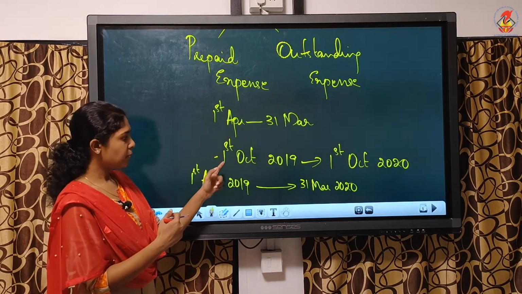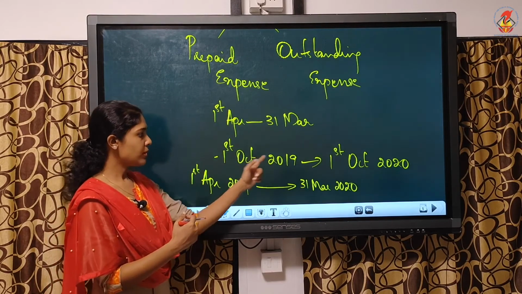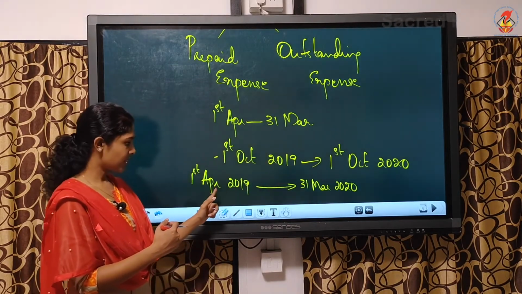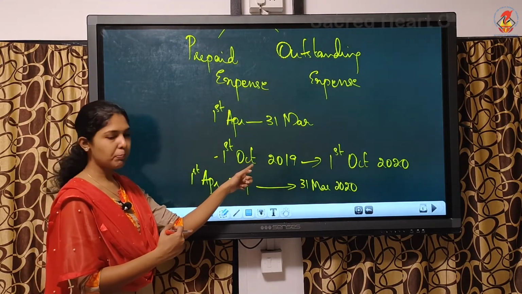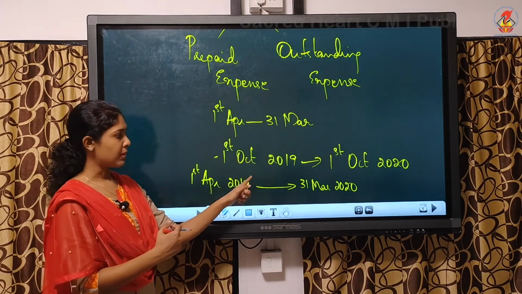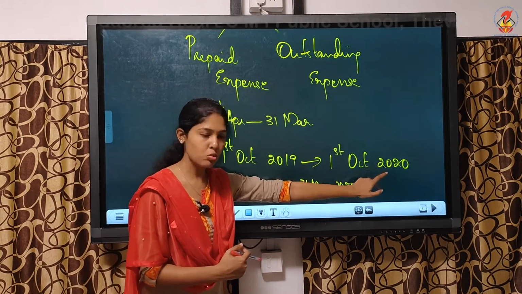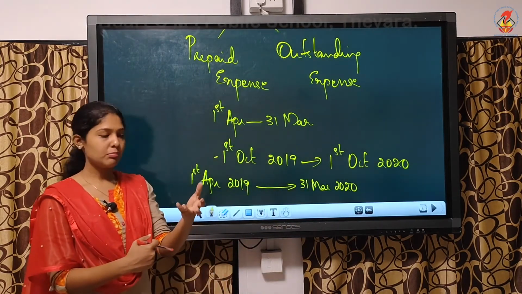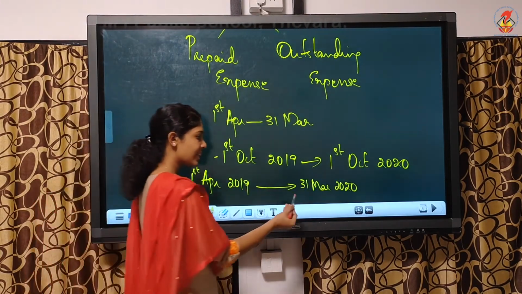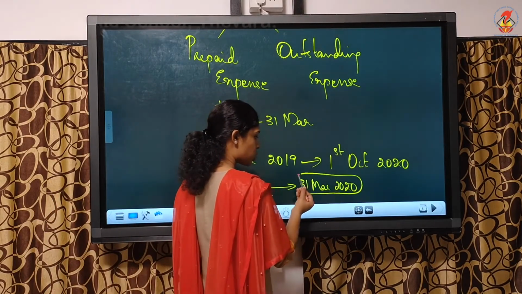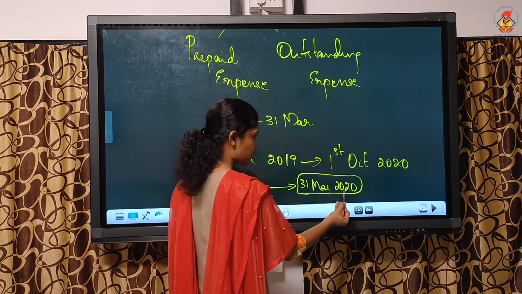And when did you start paying insurance? 1st October 2019. That means after some months, in October, you paid the insurance premium, but you paid for 1 year. That means till next year, October 2020, you paid the amount, but the year ending is on 31st March 2020.